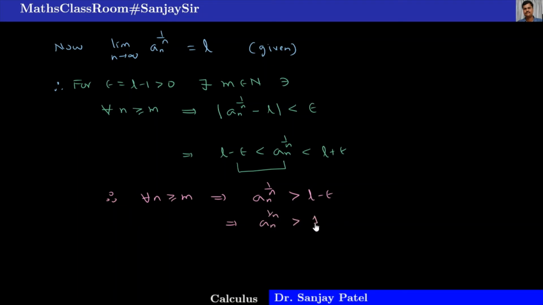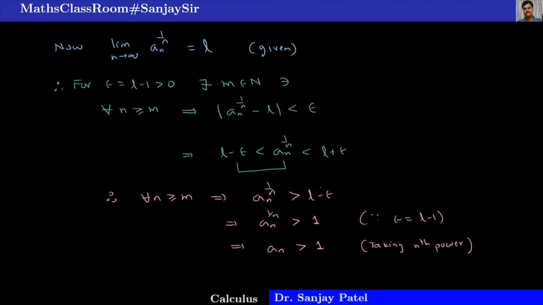So I can add this is greater than 1 because epsilon is L minus 1. So L minus epsilon is 1. And that implies taking nth power both the sides, a_n raised to 1 upon n raised to n, that is a_n, is greater than 1 raised to n, and that is 1. So what we have done here is taking nth power on both the sides of this inequality. Okay. So what is proved? For every n greater than or equal to m, a_n is greater than 1.